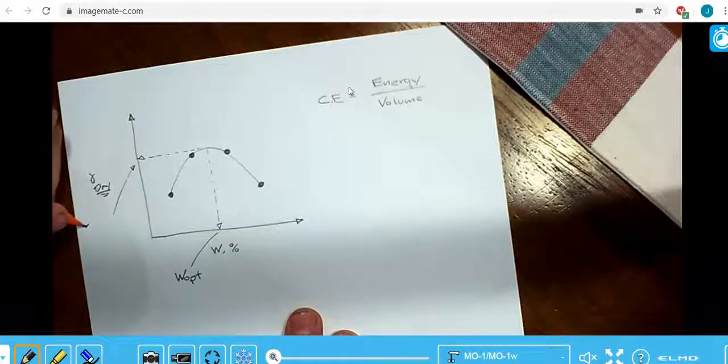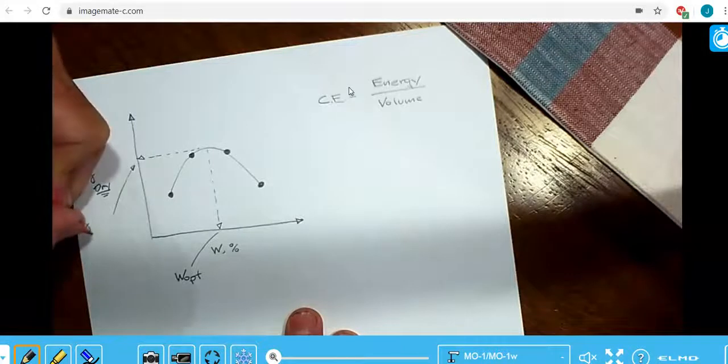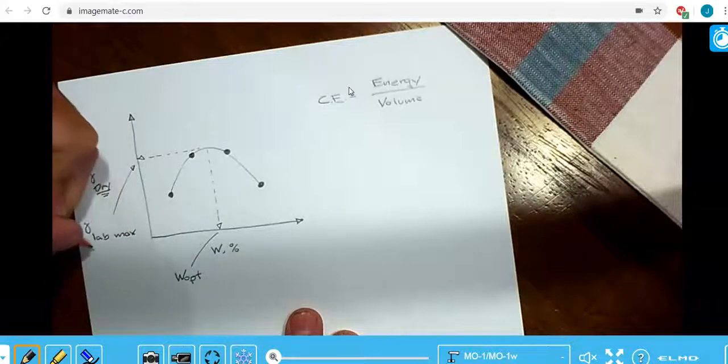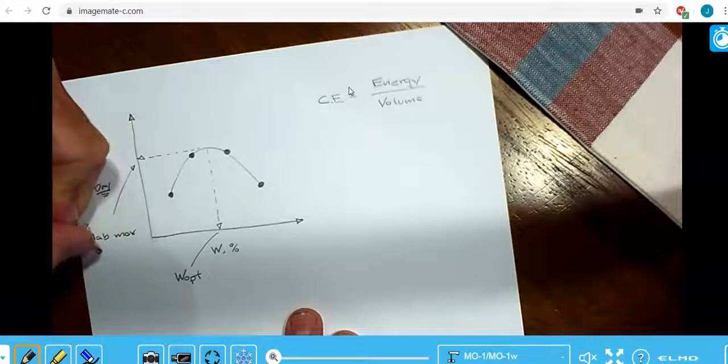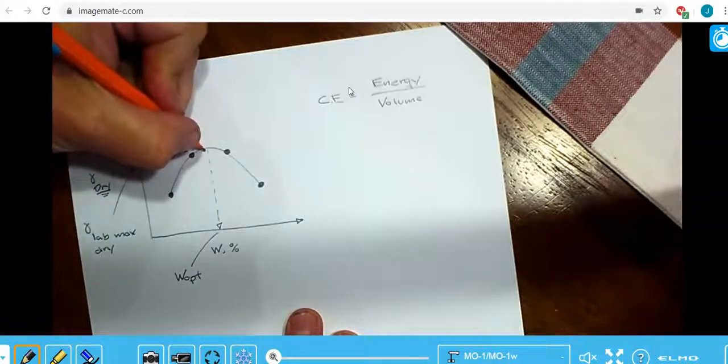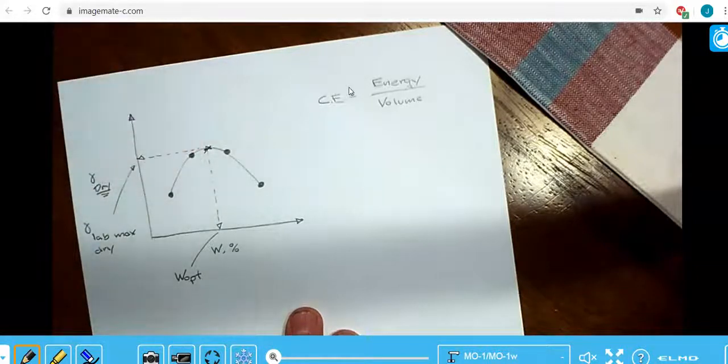So this is the lab max dry. Okay, so this is why we run the test, to assess this.